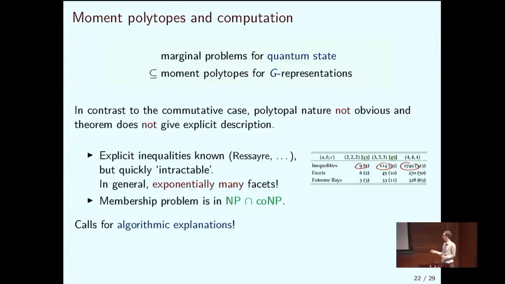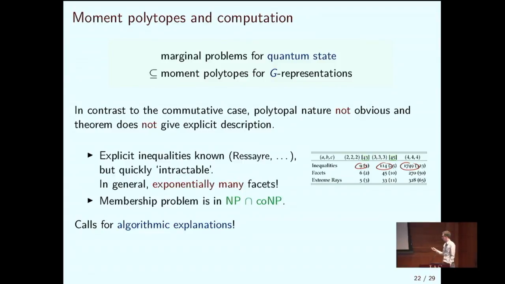So they're not given explicitly, but if you do the hard math, you find that they have exponentially many facets in general. On the other hand, I told you that I can verify somewhat efficiently if I do have a facet. I can also prove to you efficiently that I have a point in the polytope by just giving you a tensor. We proved a little while ago that this puts the membership problem for the polytopes in NP and co-NP. So we can certify efficiently, in the appropriate sense, both that there is a point in the polytope and that there is not.